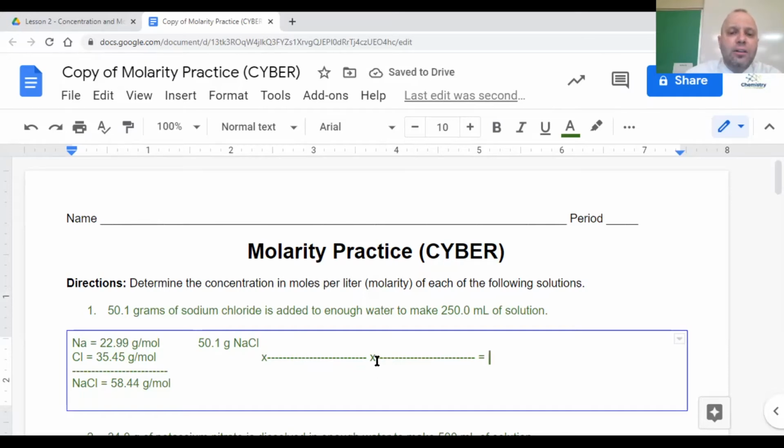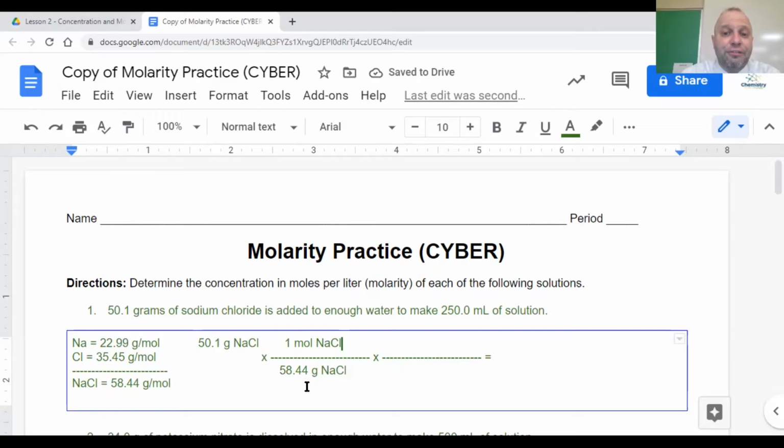Now, if I go back and look at my molar mass, it is 58.44 grams. In order for the unit of grams to cross out, I need to put that 58.44 grams of NaCl on the bottom. And on top, I'm going to put in my 1 mole of NaCl.